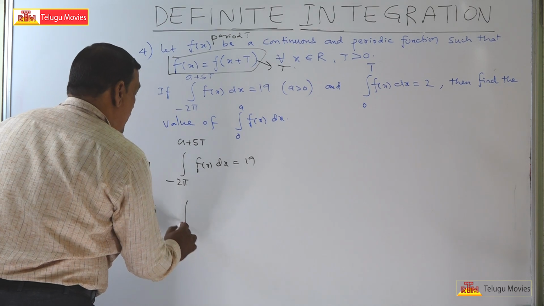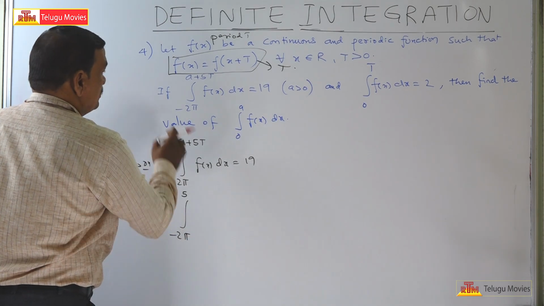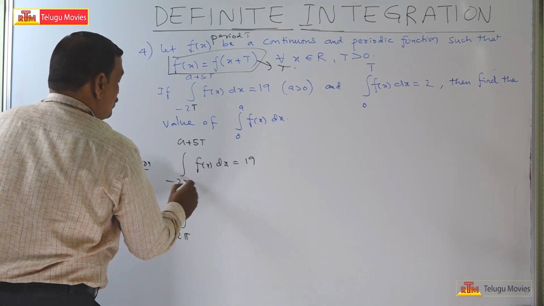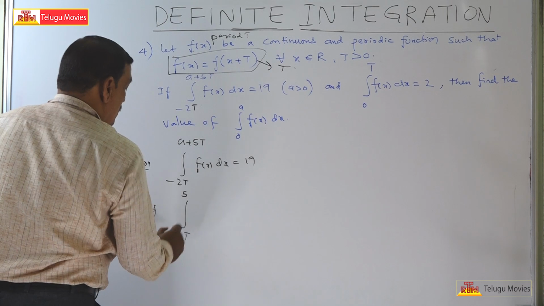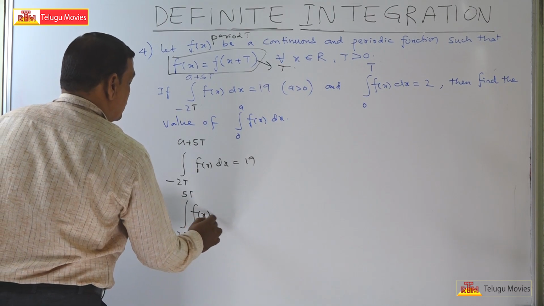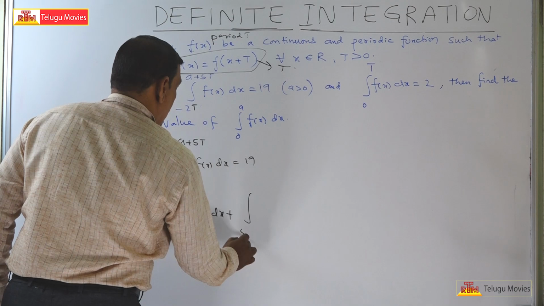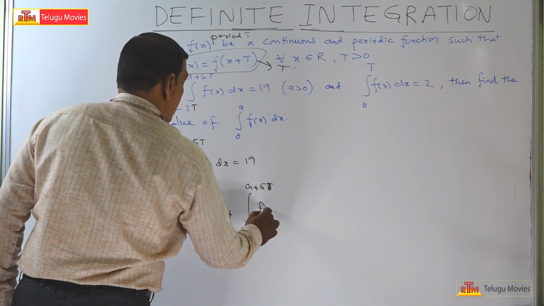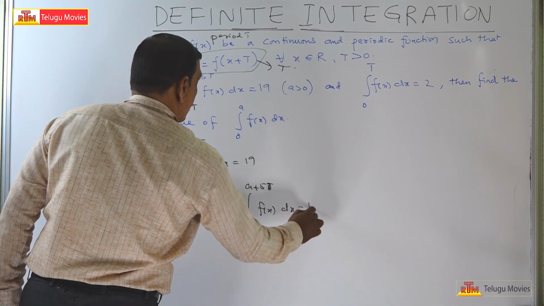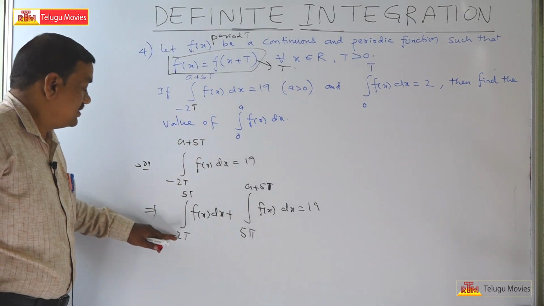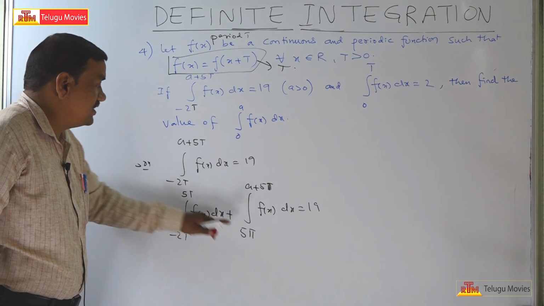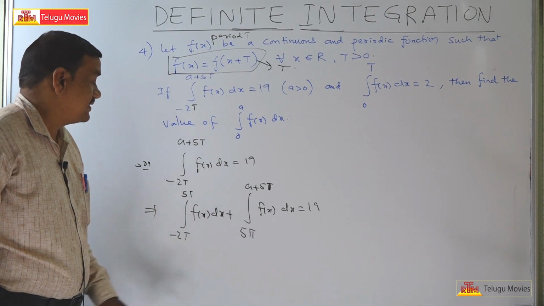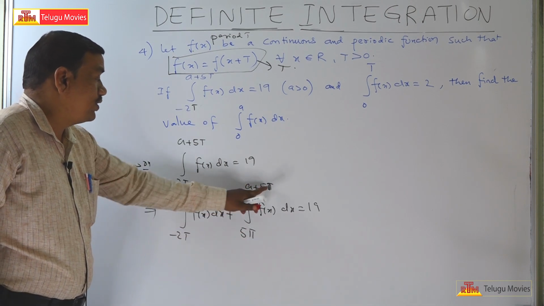The integral from minus 2T to 5T of f of x dx plus the integral from 5T to a plus 5T of f of x dx is equal to 19. That means a to c, c to b.